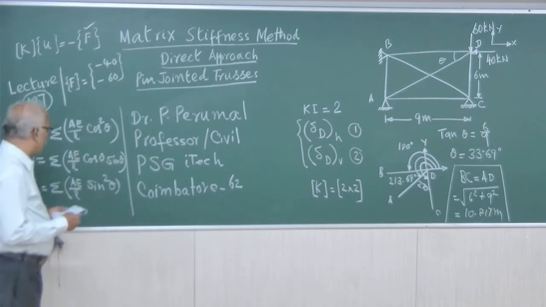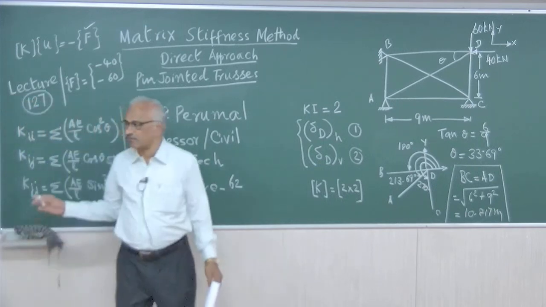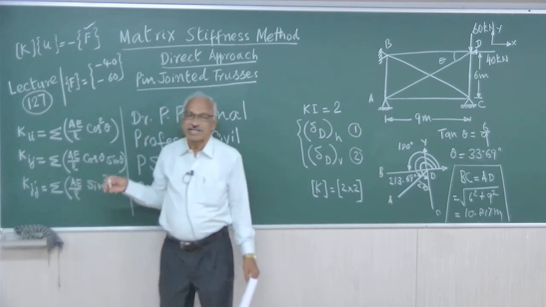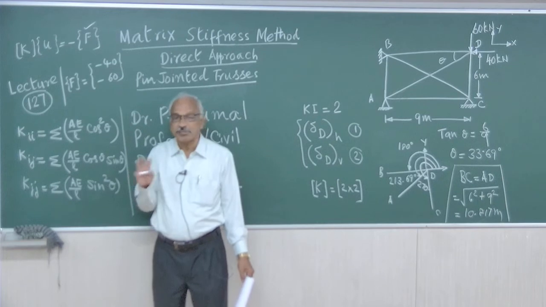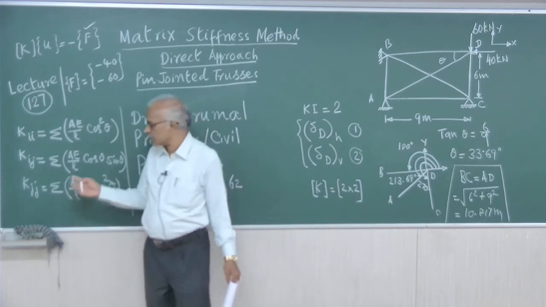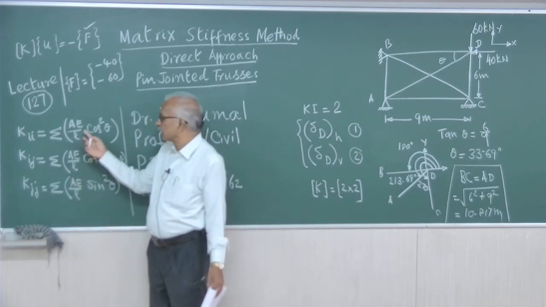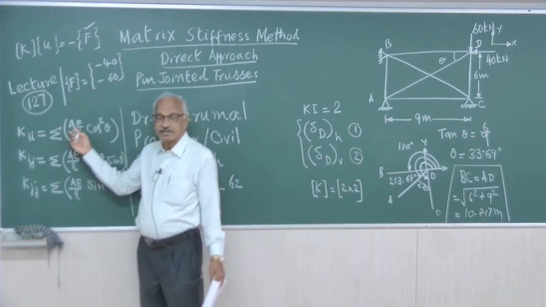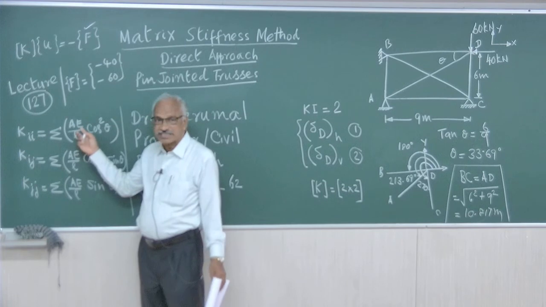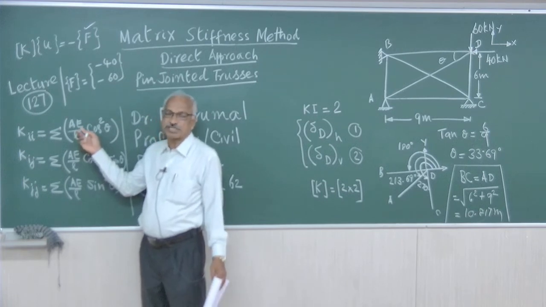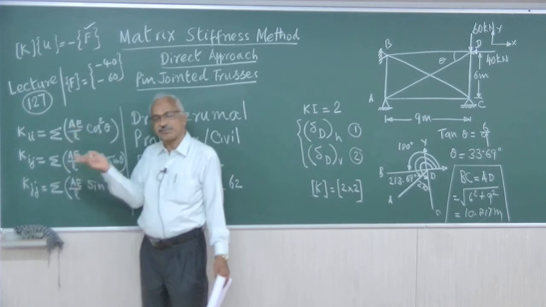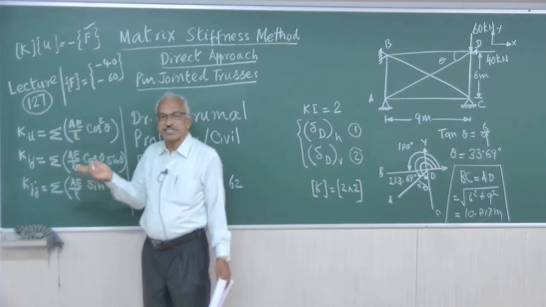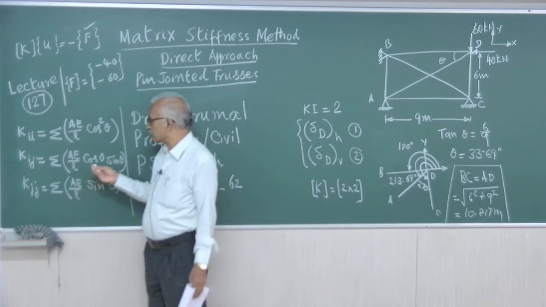From these three formulas, we know what columns are required. The columns need not be remembered or learned by heart, because the formula will give you the idea. If areas are different, we have to provide a separate column for A. If Young's modulus is different, we have to open a separate column for E. Otherwise, if they are common, we can incorporate them at the end of the calculations.